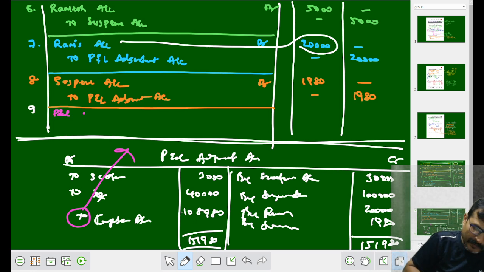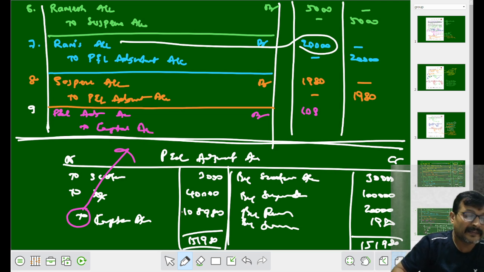That is P&L adjustment account debit to capital account with an amount of rupees 1,08,980.